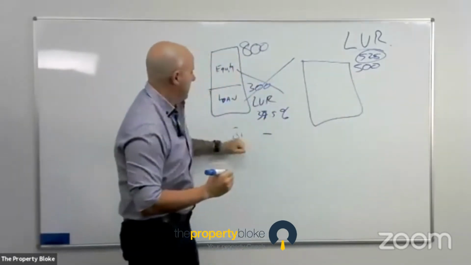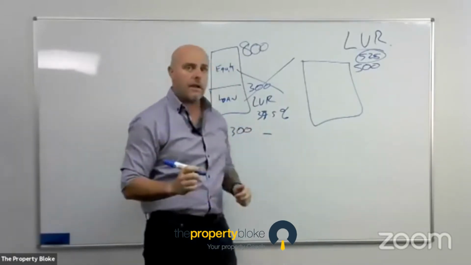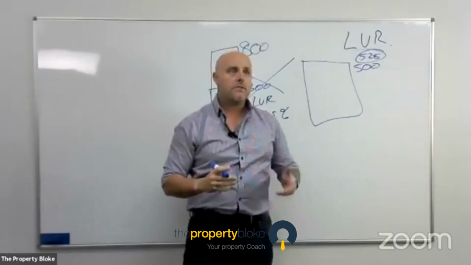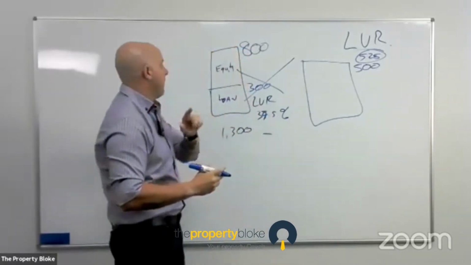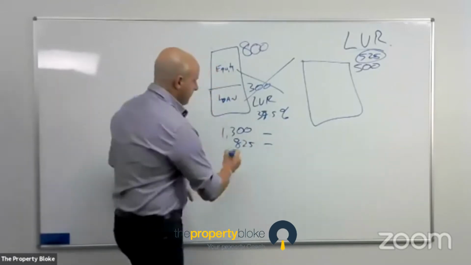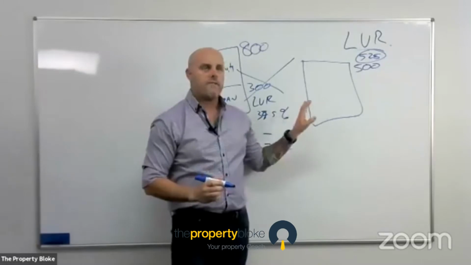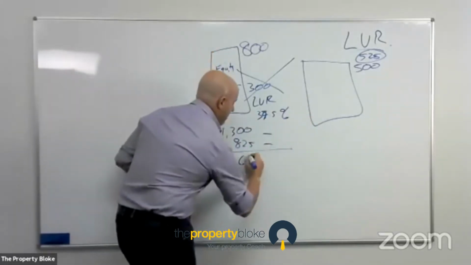So your value is $1.3 million of assets. And then on your loan side, you've got 525 and 300, that's about $825,000. So your combined loan to value ratio is 64%.